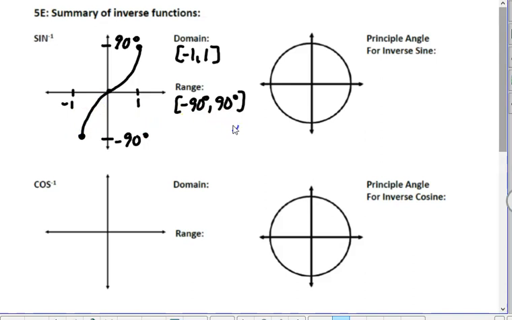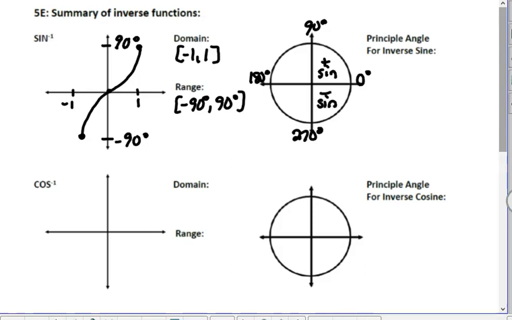So if we are to look at our circle diagram, with our angles around the circle like this, when I refer to the quadrant for the principal angles, I'm referring to the quadrants on the circle diagram for angles. So quadrant 1 is a positive sine value, and quadrant 4 has a negative sine value.